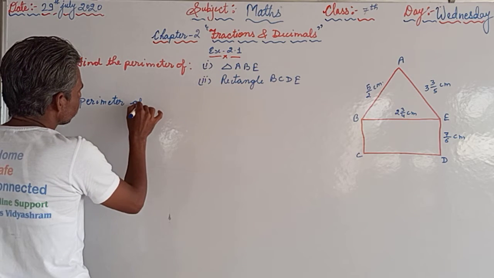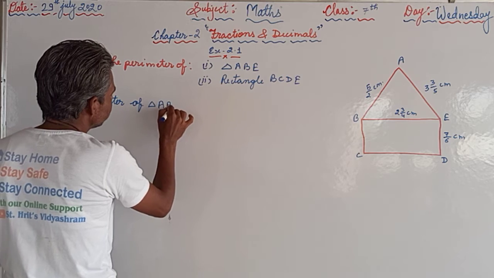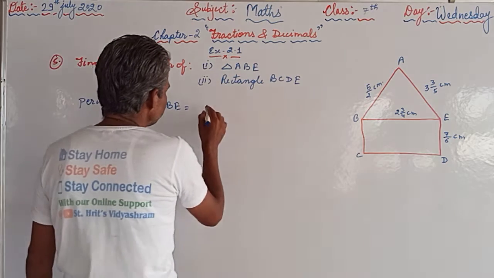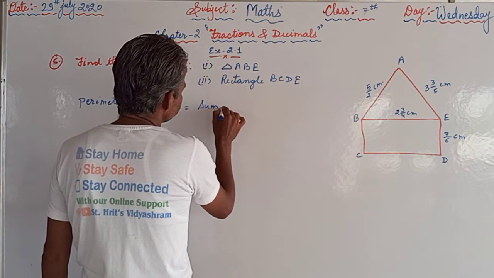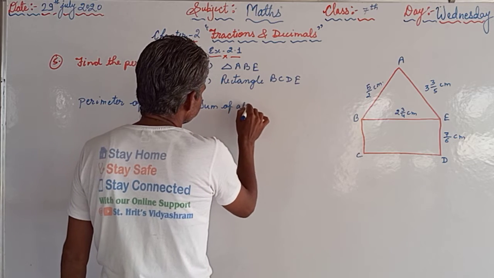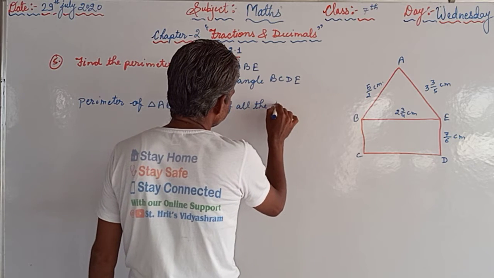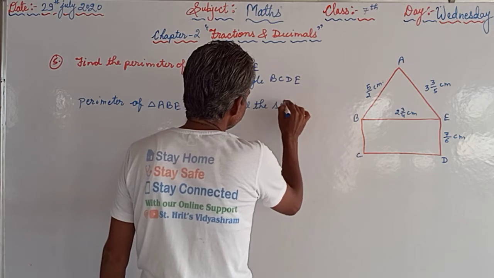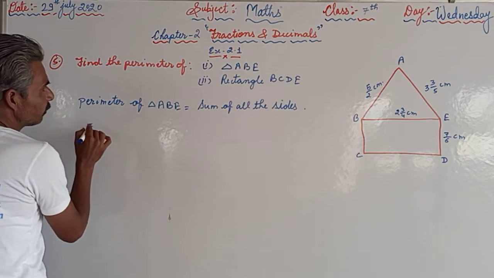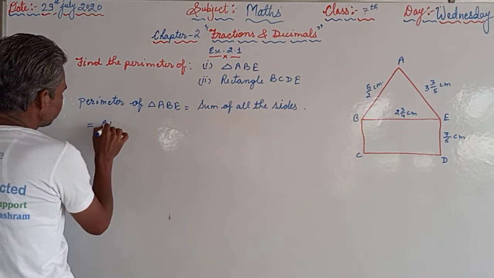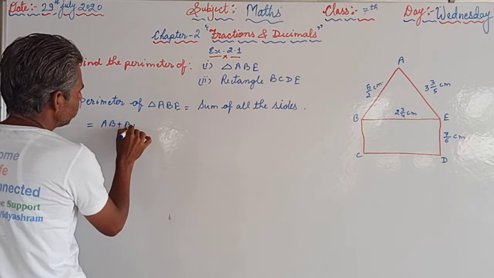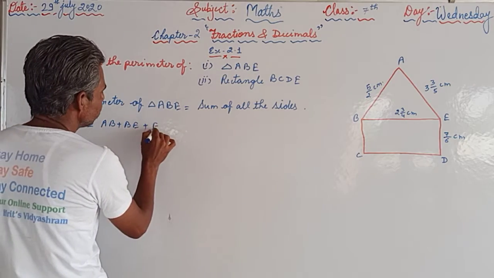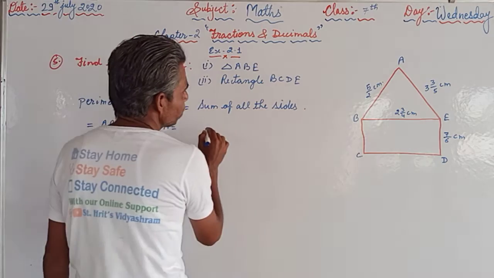Perimeter of triangle ABE will be equal to the sum of all the sides, that will be equal to AB plus BE plus EA, and the sides are given.